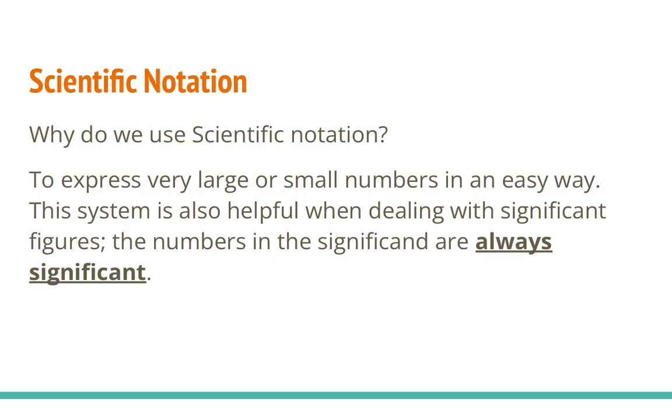You may be wondering, why do we use scientific notation? Well, in chemistry specifically, we use scientific notation to express very large or very small numbers in an easy way, because we are dealing with particles that are very, very small, and you have large amounts of them when you're thinking about this in terms of base units.